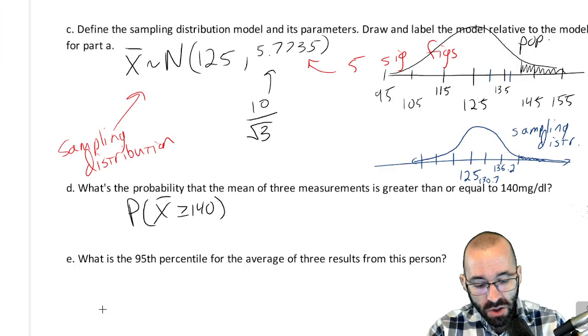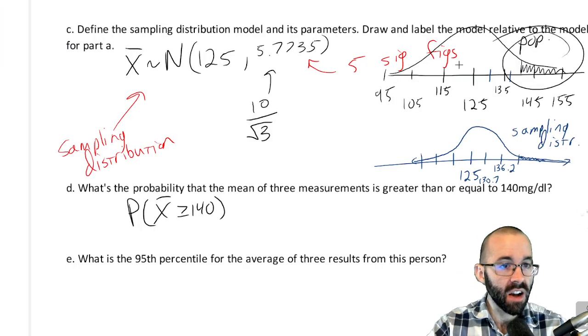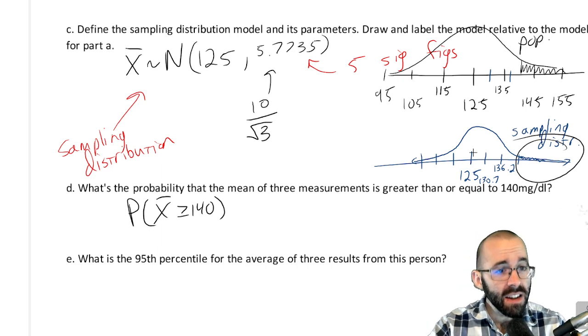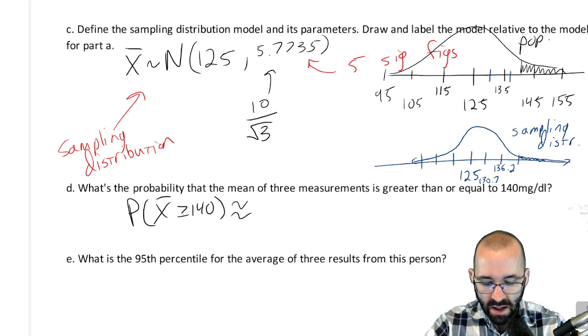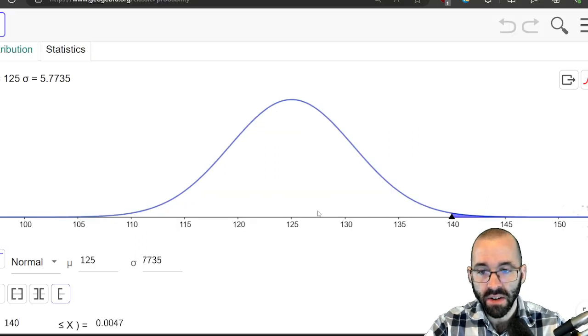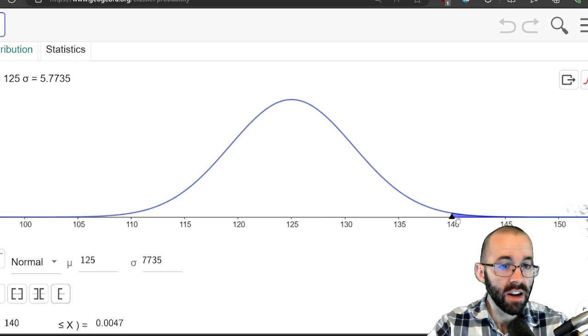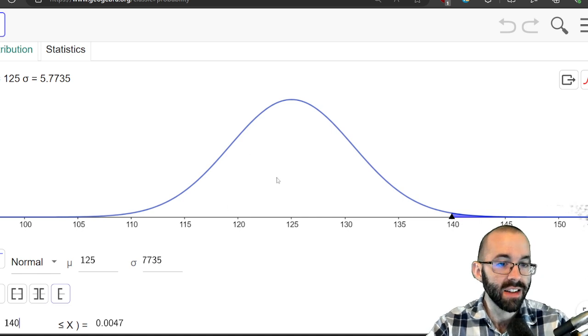Again, for a single glucose, it'd be rare to be at least 140, but not impossible. But for an average of 3 to be that big, much smaller. This is going to be about 0.0047 we found. All right, this is a very small shaded area. The probability is how much of this whole area is shaded.